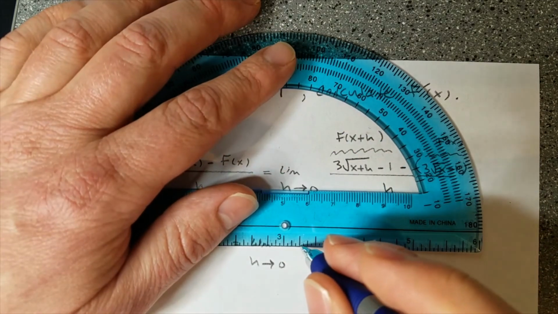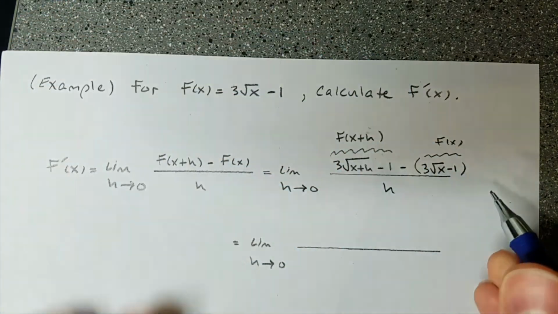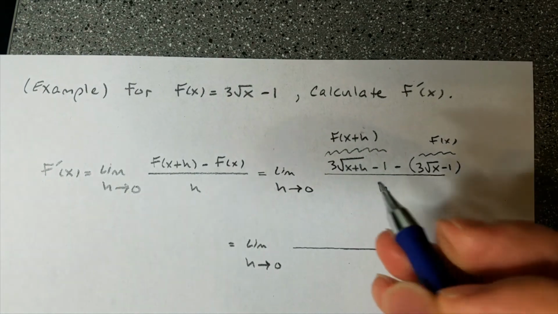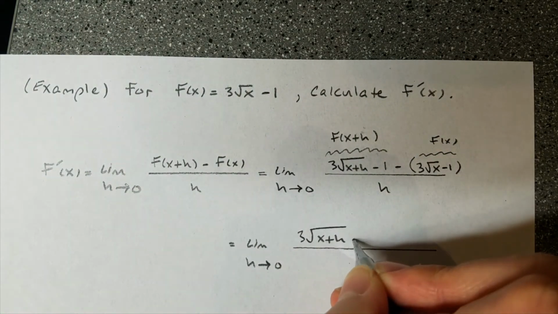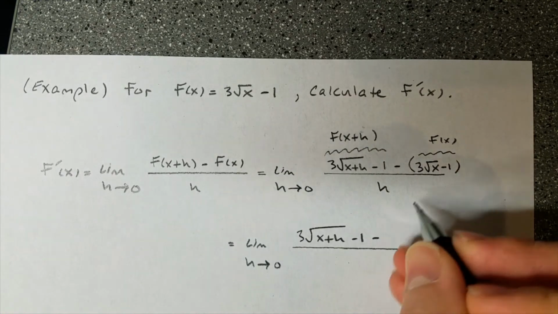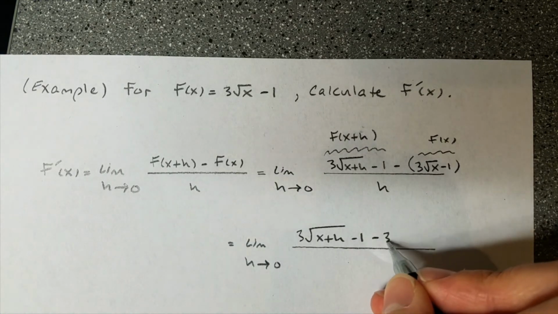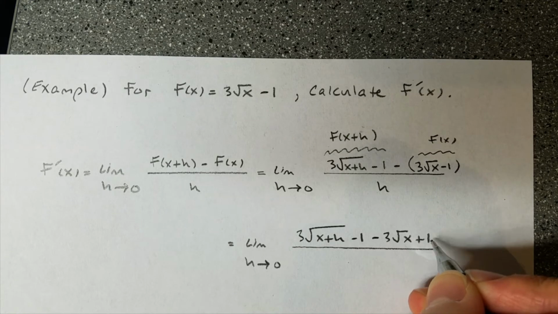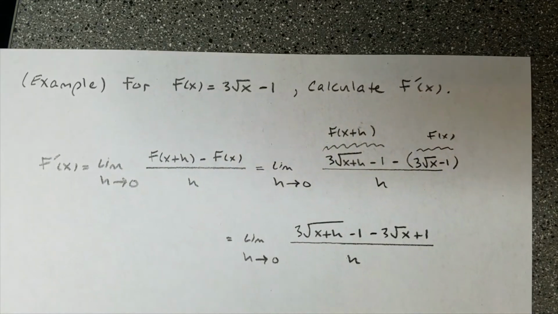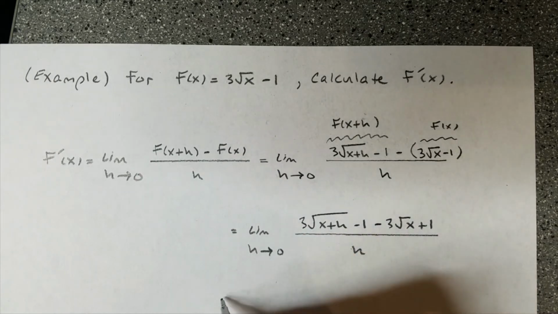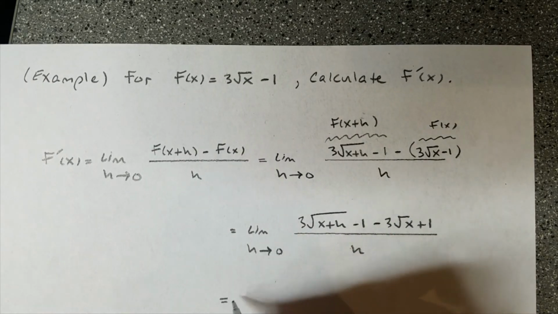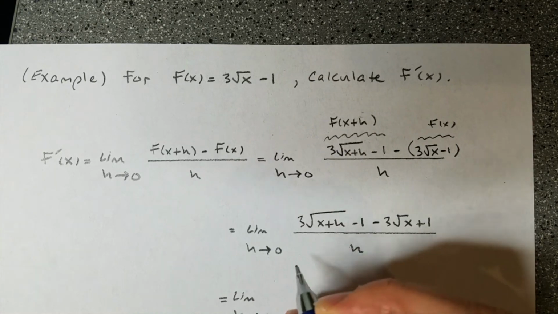Let me just distribute this subtraction: 3√(x + h) − 1 − 3√x + 1. And then I see that the 1's cancel. So I'm going to get the limit as h goes to 0.